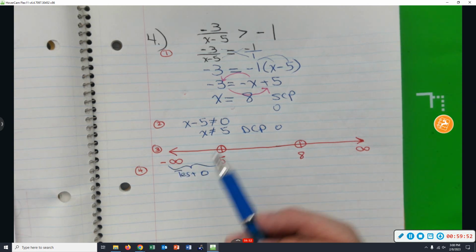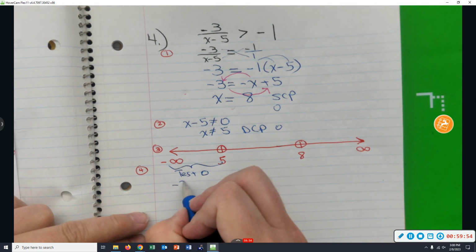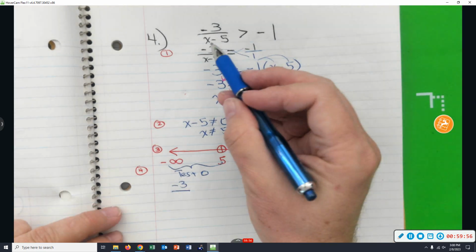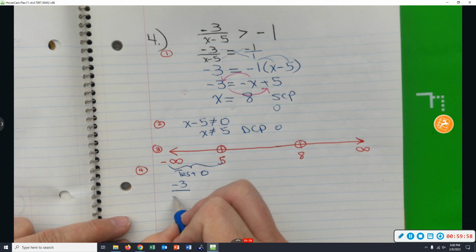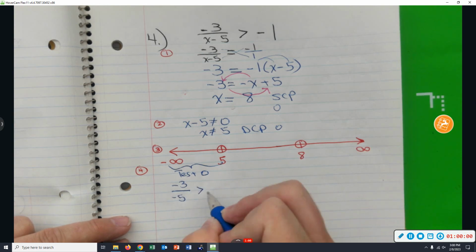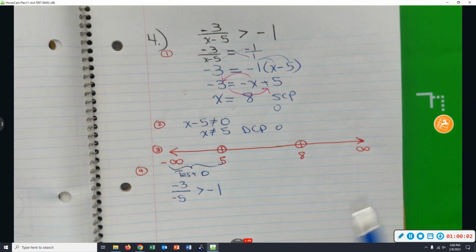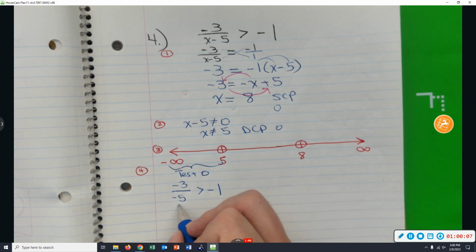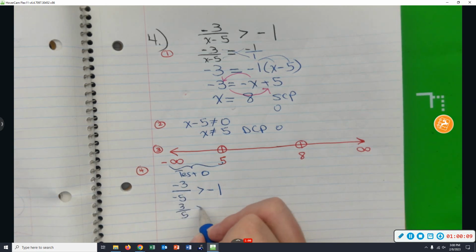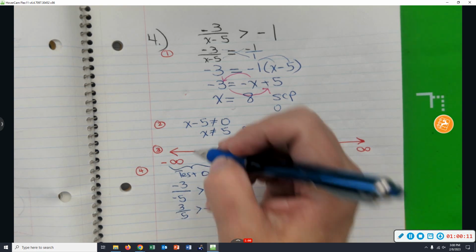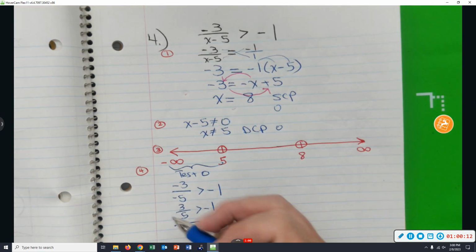So plugging in 0, I'm going to get negative 3 over 0 minus 5, which is negative 5. Is that bigger than negative 1? Negative divided by negative is positive 3/5, which is bigger than negative 1. Yes, that is a true statement.